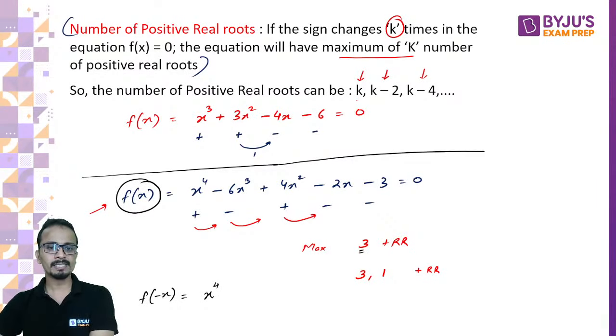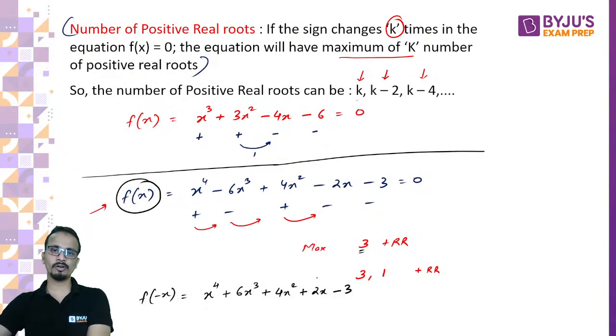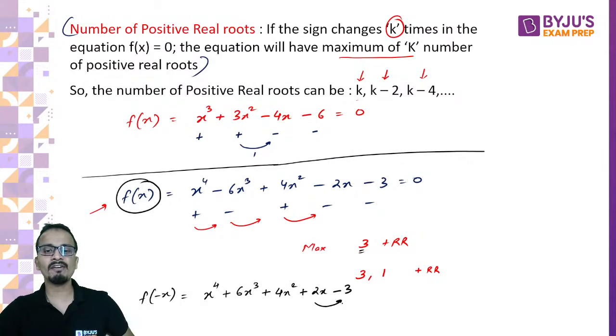So I'm calculating f(-x). f(-x) is x raised to the power 4 plus 6x cube plus 4x square plus 2x minus 3. Now this is the value of f(-x). Now let's look at the number of sign changes. Here I have only one sign change.